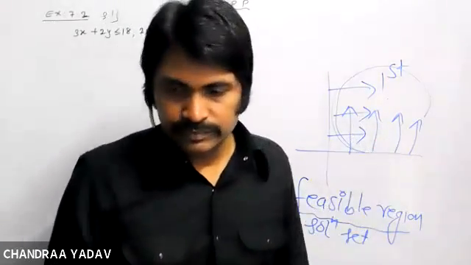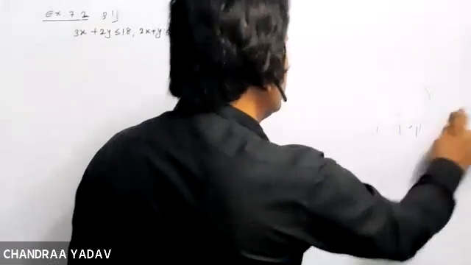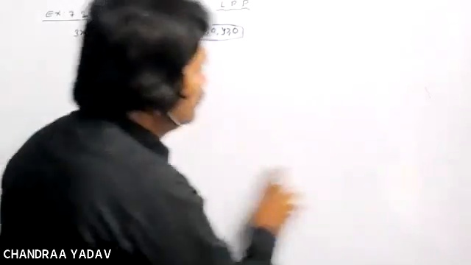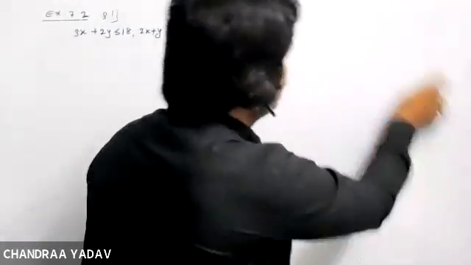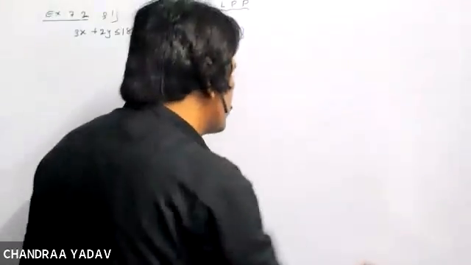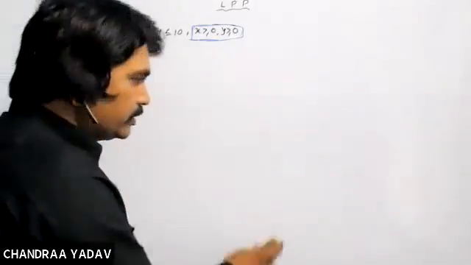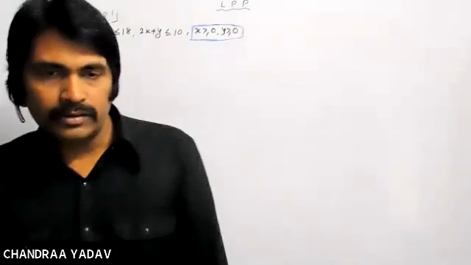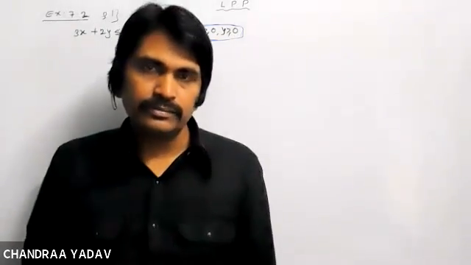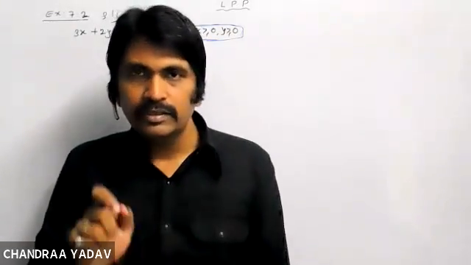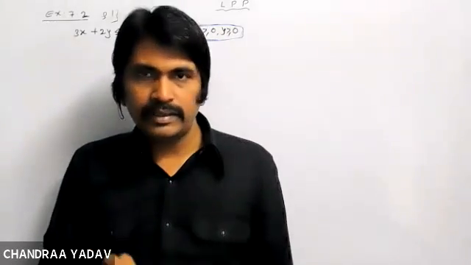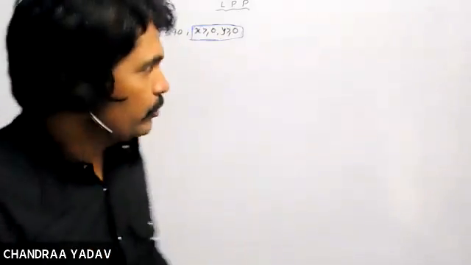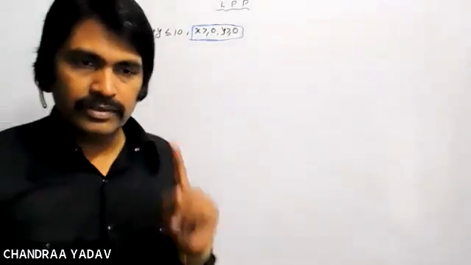Is it clear? So I repeat again, whenever we find x greater than or equal to 0, y greater than or equal to 0, the feasible solution or solution set will be found in the first quadrant only. If you are moving into any other quadrant, it means we are making some mistake. This is the basic idea: we have to restrict ourselves to the first quadrant.